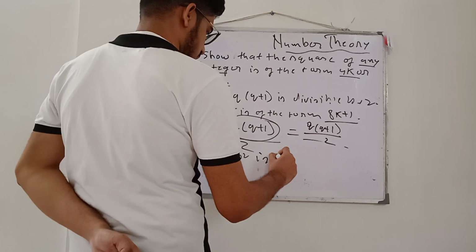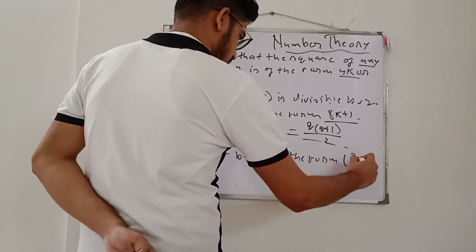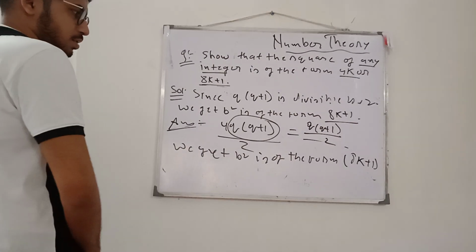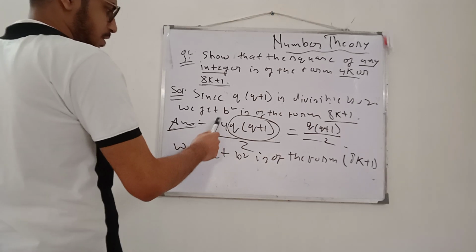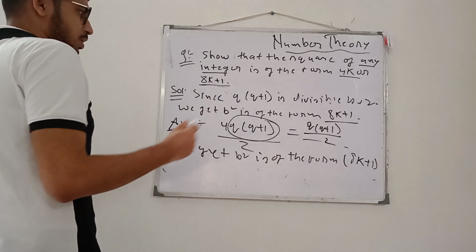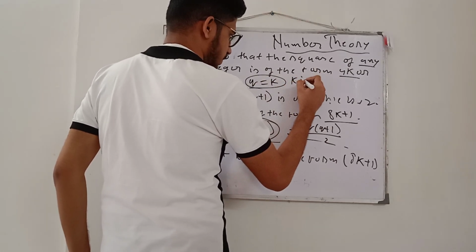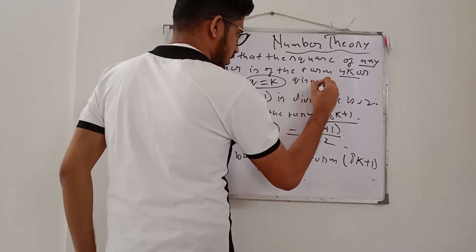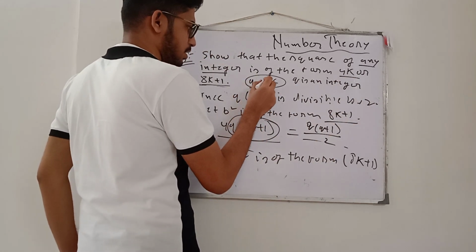Because after squaring this will happen, and we can write q is equal to k, where q is an integer, so we can write the integer q in k form.